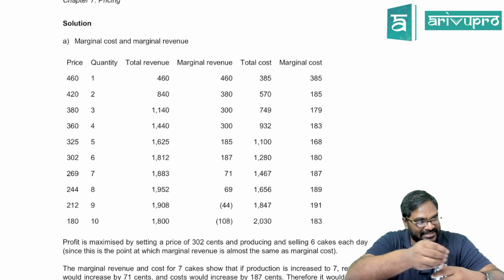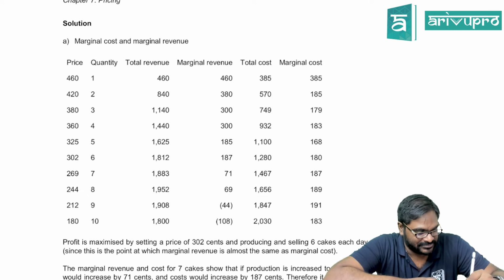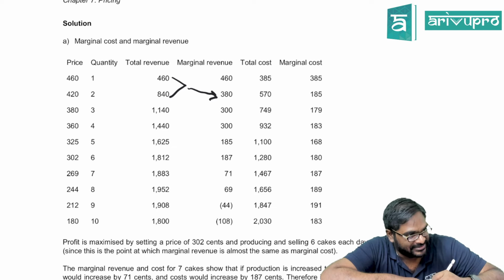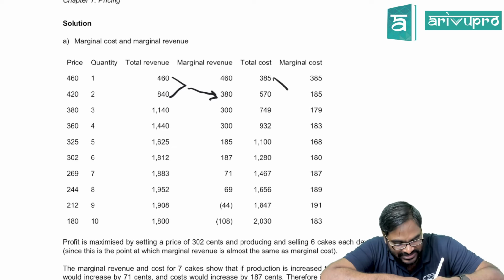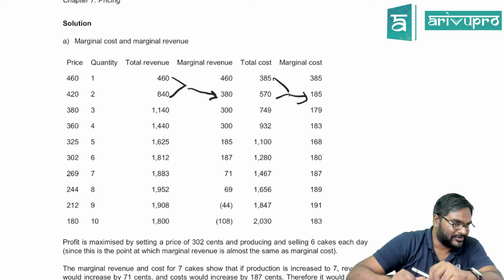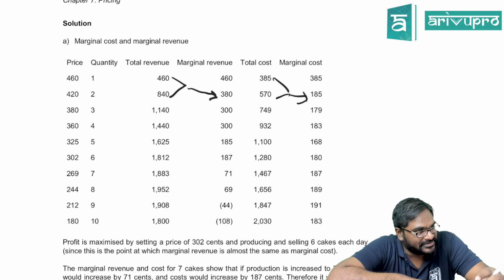So that means, for an example, the gap between these two would be 380. The gap between these two would be 185. Likewise. When the point is increasing, the marginal revenue and cost will get bigger, right?